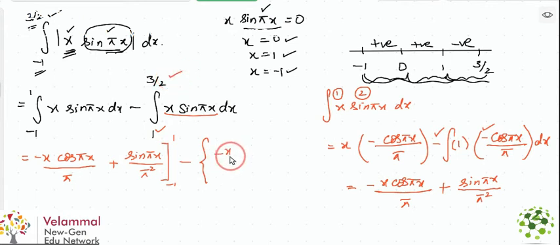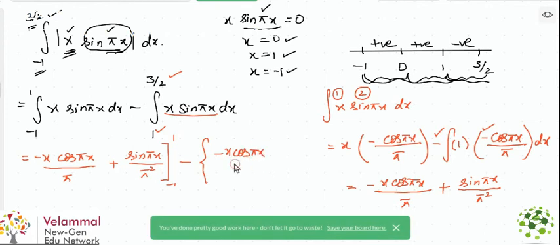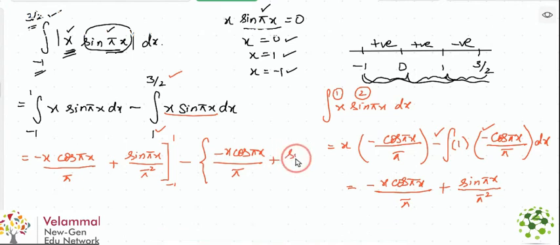So minus x cos pi x by pi plus sine pi x by pi square between the limits 1 to 3 by 2. Now I know both the integrals. Now I just have to substitute upper limit minus lower limit. So you will be able to do, I know, first substitute x equal to 1 and cos pi. Okay. And x equal to minus 1 for the lower limit. And here, same way, upper limit minus lower limit.